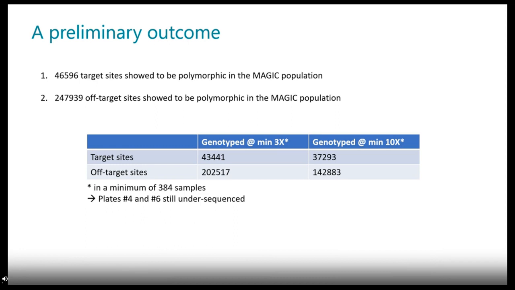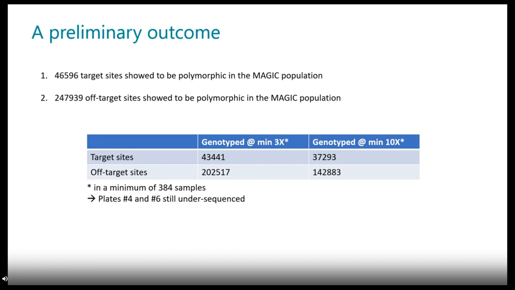If we then put down some constraints and thresholds in the genotyping recall, by looking at those sites only genotyping a minimum of 384 samples, and yet you should consider that plate 4 and plate 6 are lagging behind in terms of coverages. With the minimum genotyping coverage of 3x, more than 43,000 target sites have been genotyped, and at the same coverage, more than 200,000 off-target polymorphic sites have been genotyped.